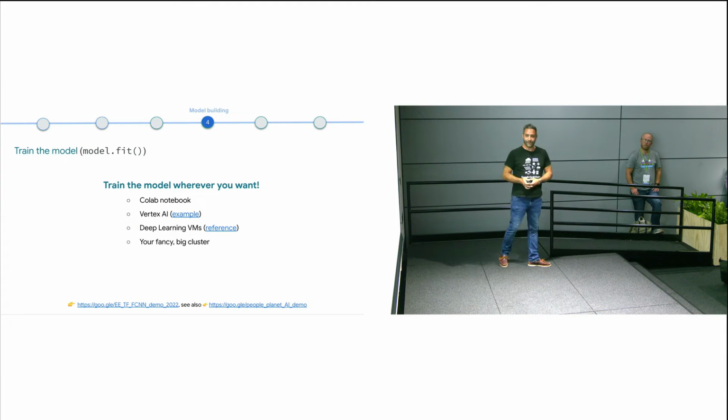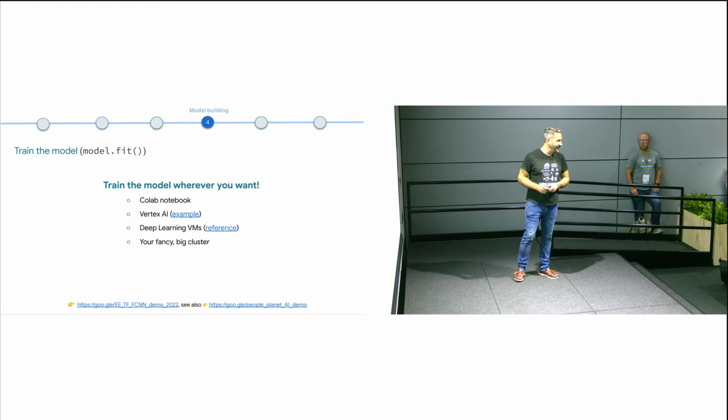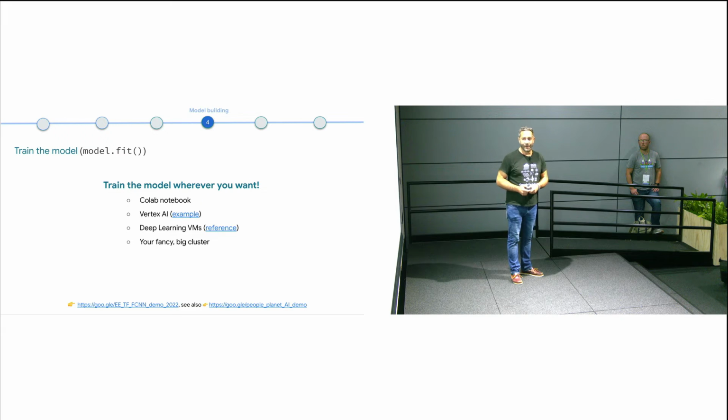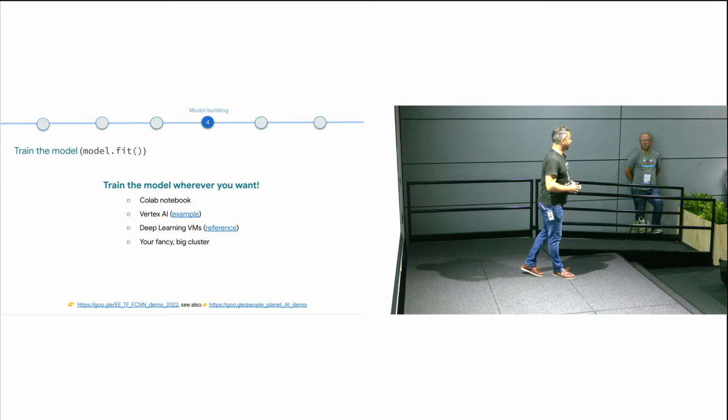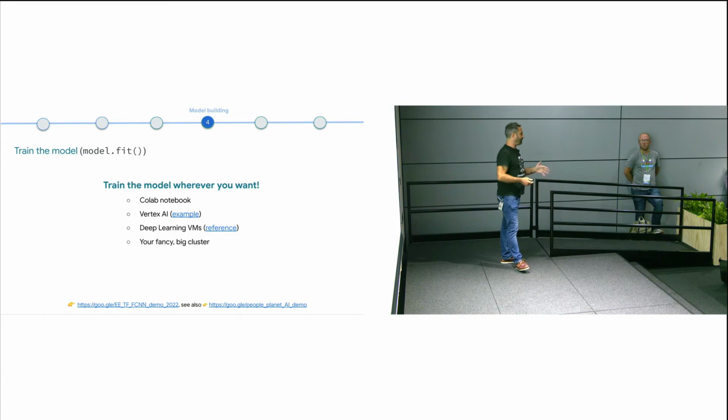So that's another method. Or you can train it on your big fancy university cluster or whatever you've got. Maybe you have a very good machine that you can just let it run for a while. That's fine too. At the end of it, what you're going to have is a trained model, and you're just going to save it to a saved model somewhere in cloud storage. So you can train it wherever and however you want. All you have to have at the end is the saved model.